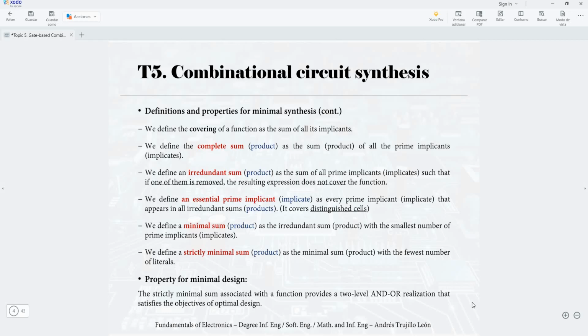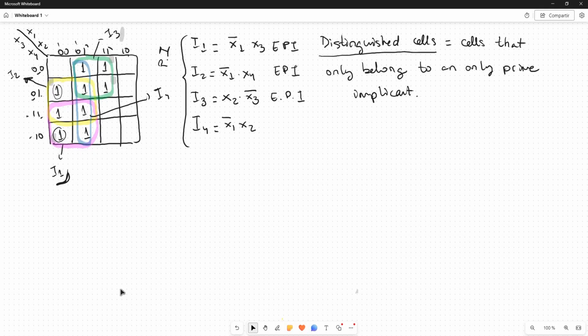So we continue with the definitions. We are going to define the complete sum as the sum of all the prime implicants of a Carnot map. In the example that we saw previously, all the prime implicants are these ones. So the complete sum is going to be implicant 1 plus implicant 2 plus implicant 3 plus implicant 4.